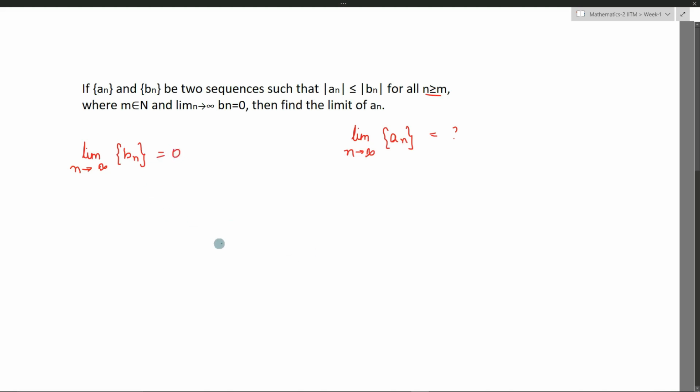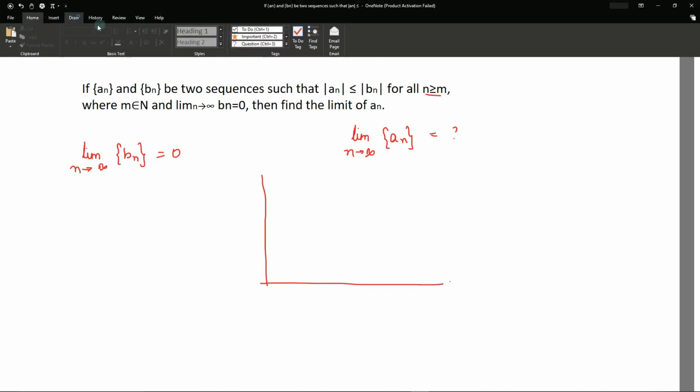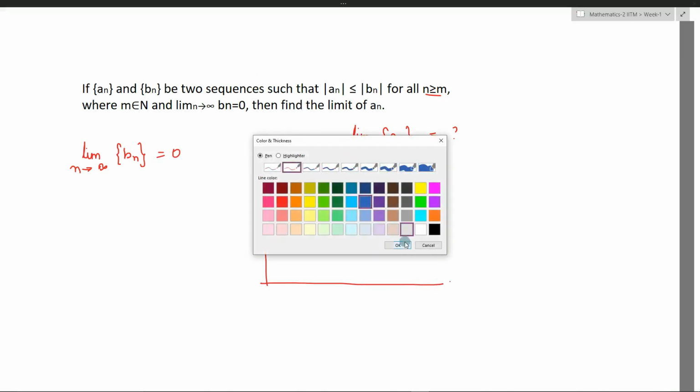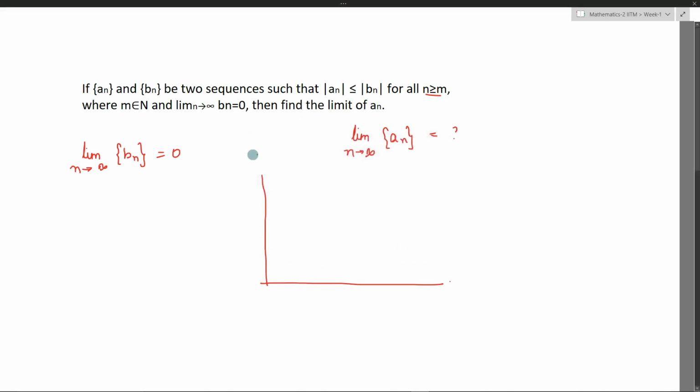So it means that, let us say, if I have a graph, let's say, I'll change some colors. Okay, so they are saying that this sequence is converging to 0. Let's say this is the sequence. Okay, so at infinity, this will be converged to the x-axis, right? So let's say this is sequence bn, and they have said that an is always less than or equal to bn.